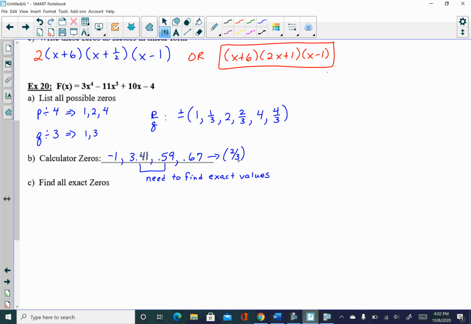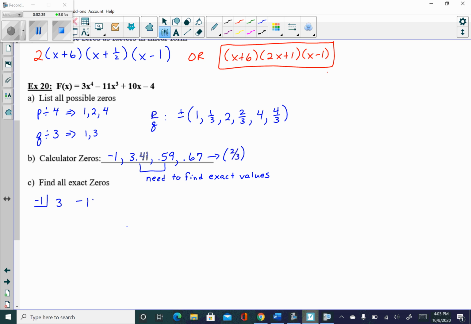So what's going to happen is we're going to use synthetic division now with the existing zeros that we know to get our polynomial reduced to something that we can find out what the exact form is of those two middle zeros. So to find my zeros now, I'm going to put -1 and line up my coefficients. So I have 3, -11.